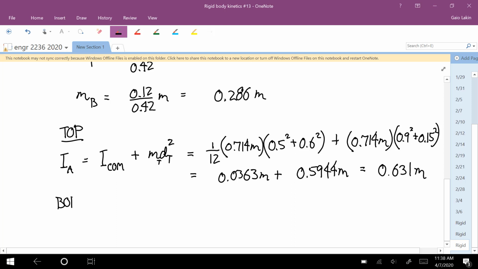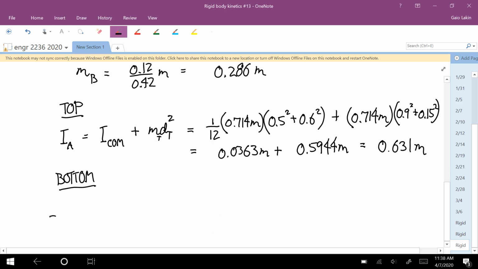And then for the bottom piece, it's the same idea. Use the formula for the moment of inertia about the center of mass, and then the parallel axis theorem, mass of the bottom times the distance from the center of mass of the bottom to the hinge.